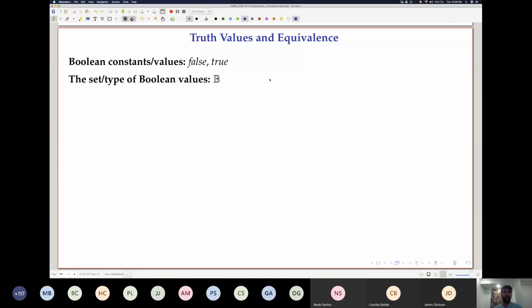Again, there's only two values, true and false. We denote it by a double stroke B. The equality for them is known as equivalence, and it's written with 3 lines.